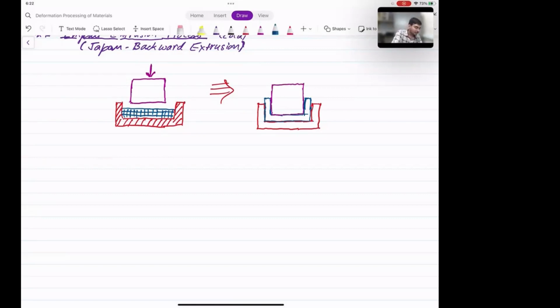So if we write down the names, this is the die. And this was the billet. Okay. And this is the punch.